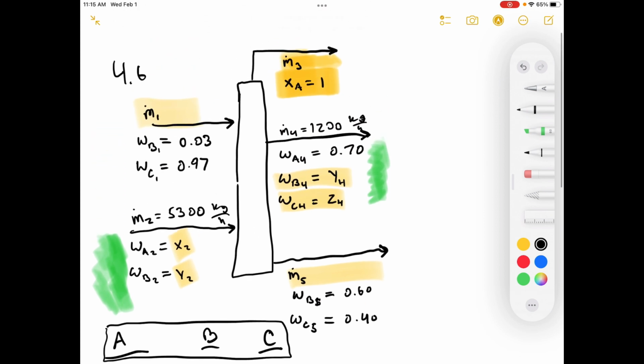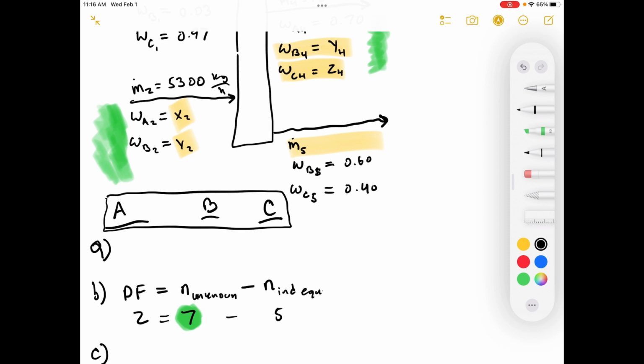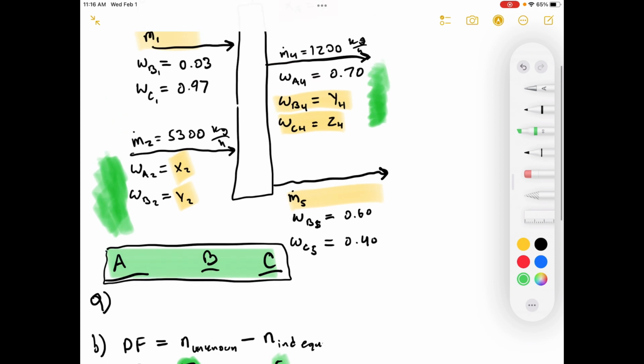So there won't be a numerical solution to this problem, but we can show that we can solve for our other unknowns given the 5 constraints that we have on this system. So we counted 5 constraints. We have 3 material balances that we can do, and then we have 2 physical constraints on these 2 streams where the mass fractions have to add up to 1.